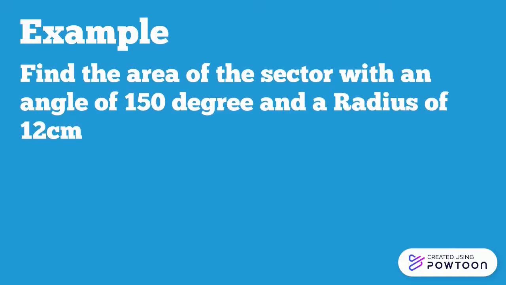Now let's move on to this example: find the area of the sector with an angle of 150 degrees and a radius of 12 centimeters. Remember that our formula for area of a sector was angle over 2 pi times r squared.